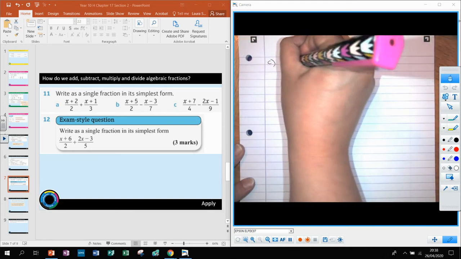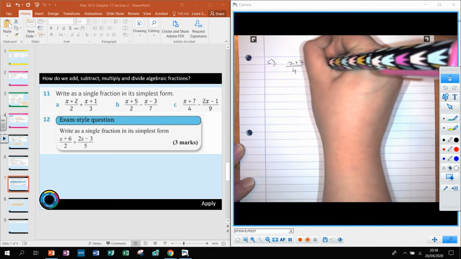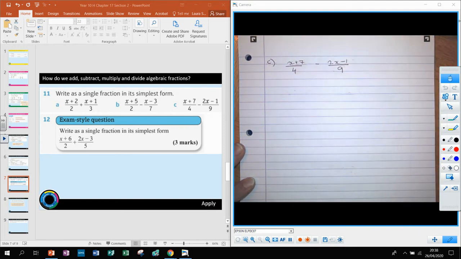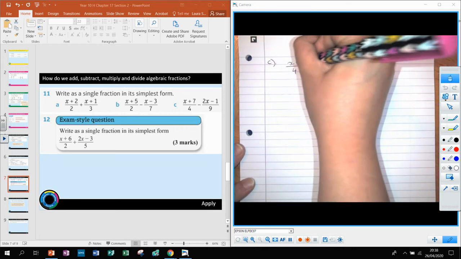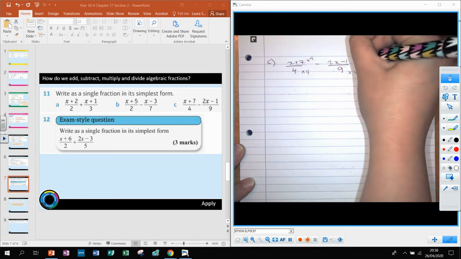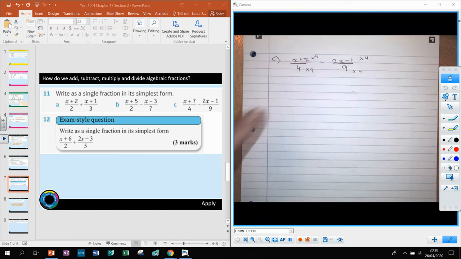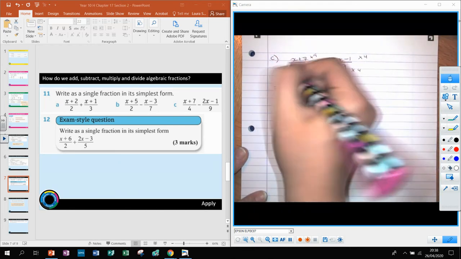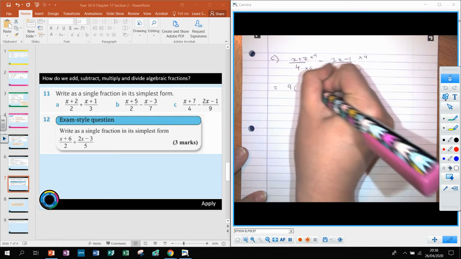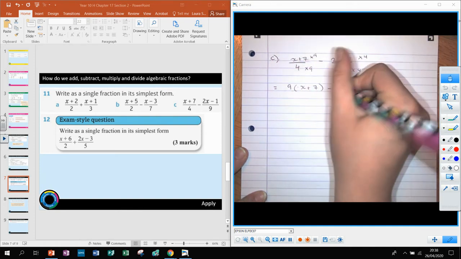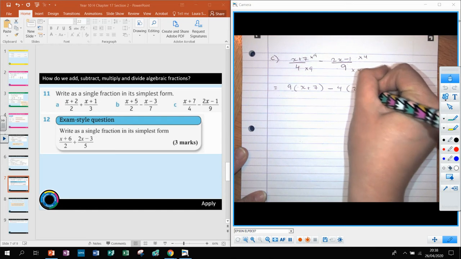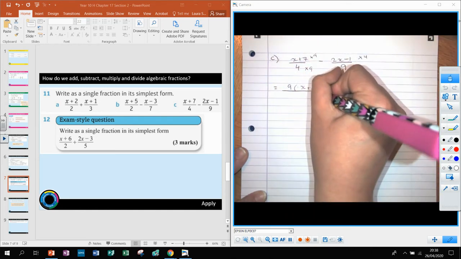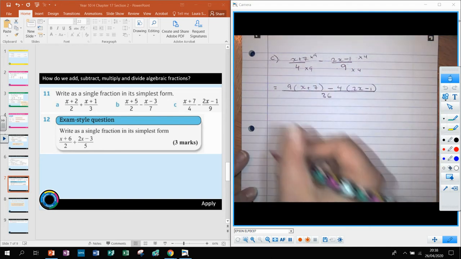All right, so let's take a look at part C. We have x plus 7 over 4 minus 2x minus 1 over 9. Okay, 36 is what we're looking for. So times 4 over here and times 9 on our first fraction. And that is going to give us 9 brackets x plus 7 minus 4 brackets 2x minus 1 all over 36. Okay.